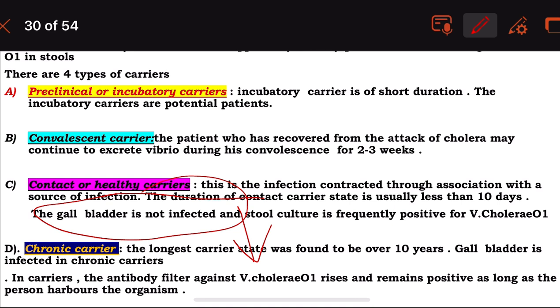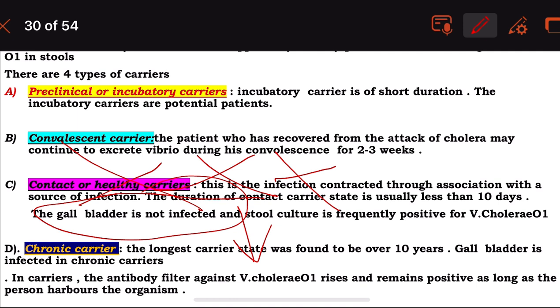The gallbladder is not infected in healthy carriers, and cultures will be frequently positive for Vibrio cholerae, whereas in chronic carriers the longest carrier state is over 10 years. The carrier stage can last up to 10 years, and the gallbladder is infected in chronic carriers.